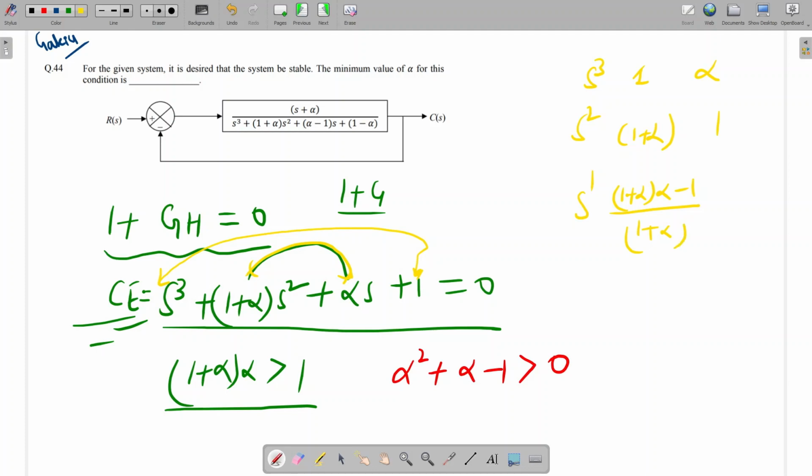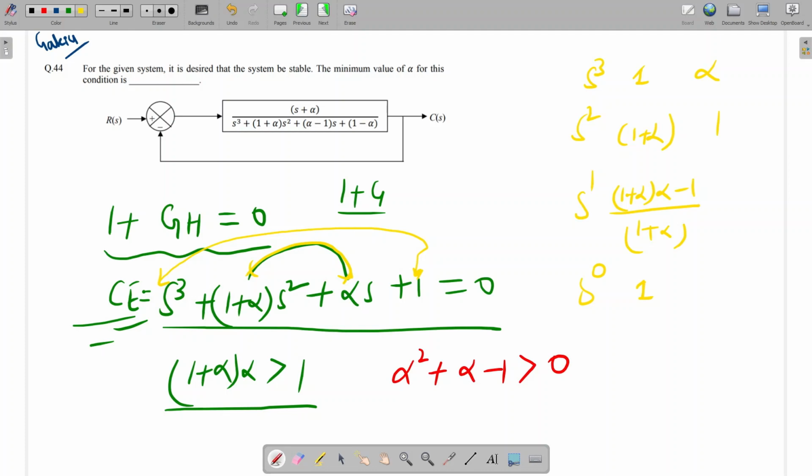So this should be greater than 0. 1 plus alpha is some constant, so alpha square plus alpha minus 1 should be greater than 0. And for s to the power 0, what is this value? I think it will be the same, like (1 plus alpha minus 1) upon (1 plus alpha), same as the s1 row.